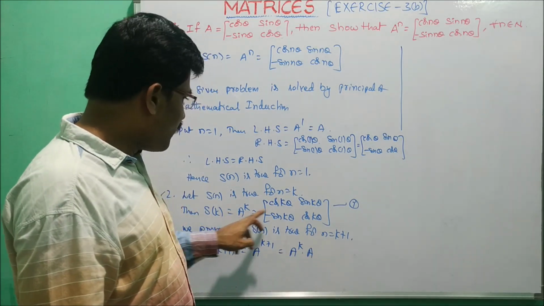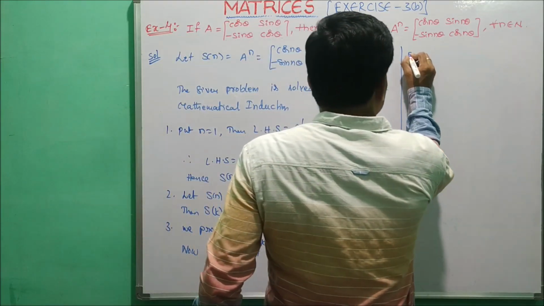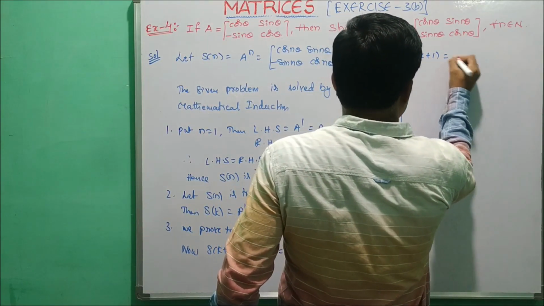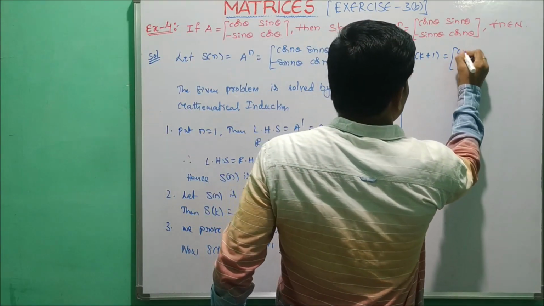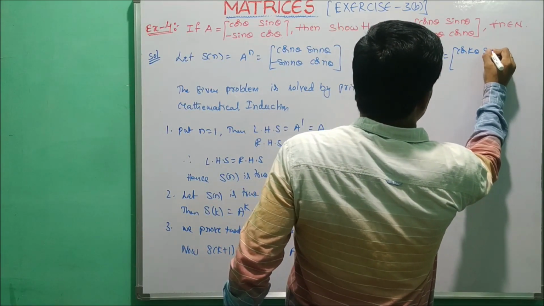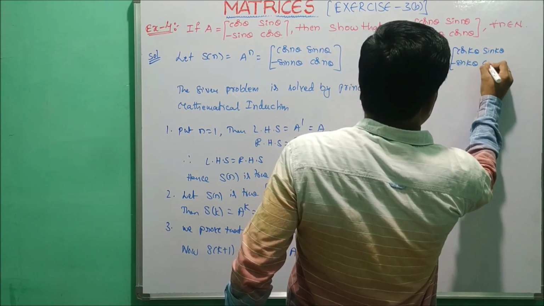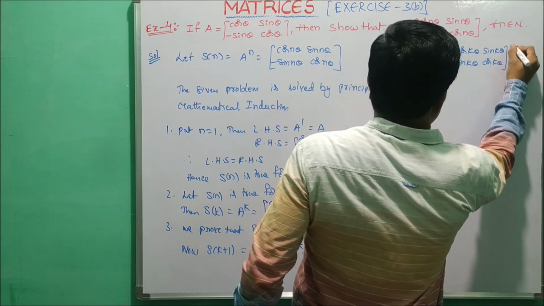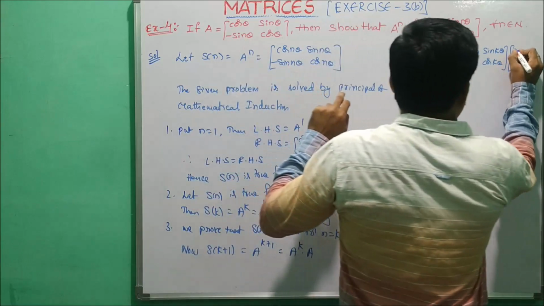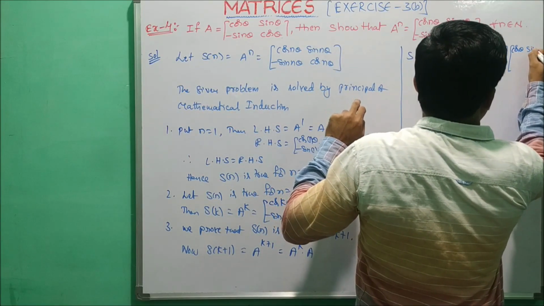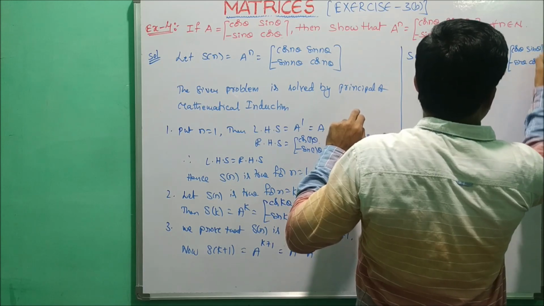So A power k is already known using step 2. Now we write S of k plus 1 equals A power k, the square matrix [cos k theta, sin k theta; minus sin k theta, cos k theta], into A, already given as the matrix [cos theta, sin theta; minus sin theta, cos theta].